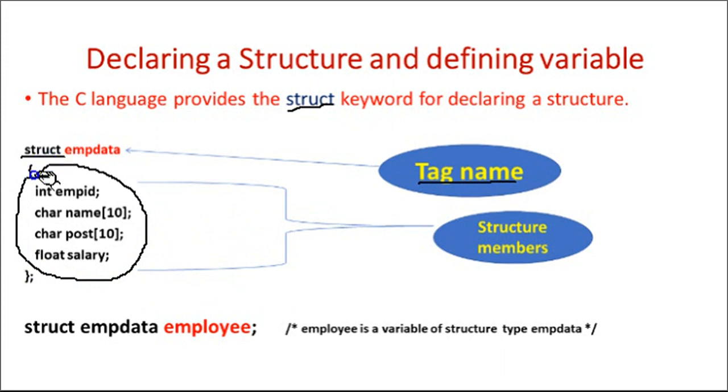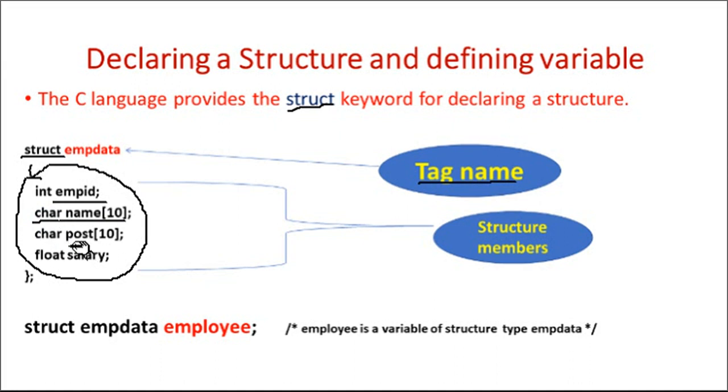If I want to write the structure for an employee, I need the employee ID, which will be of integer data type, because the employee ID will obviously be in integer format, not float. Similarly, the name of an employee, say maximum 10 characters, is a single dimensional character array, char name of 10.